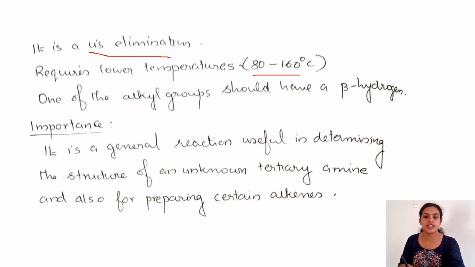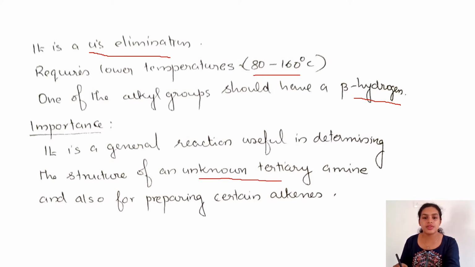The essential condition is that one of the alkyl groups, in the case of a tertiary amine there are three alkyl groups, should have at least a beta hydrogen to proceed with the mechanism. The importance of this Cope elimination is that it's a general reaction useful in determining the structure of an unknown tertiary amine.